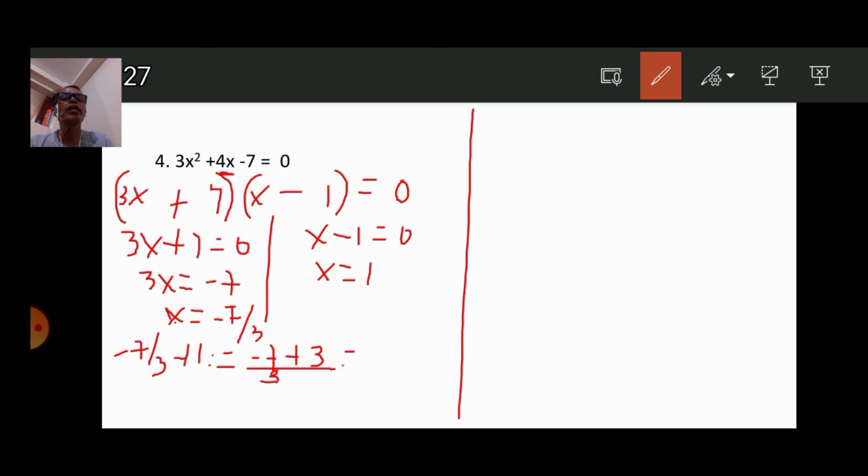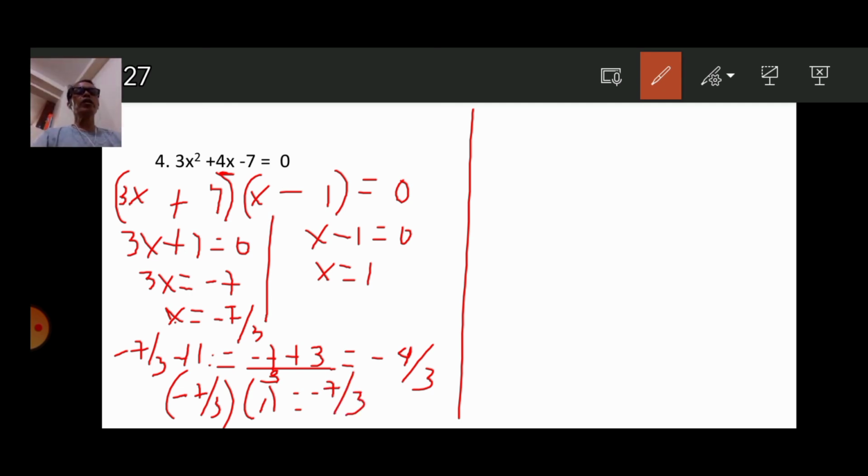So you will now have negative 7 plus positive 3, which is negative 4 over 3. If you are going to multiply negative 7 over 3 times 1, you will have negative 7 over 3.